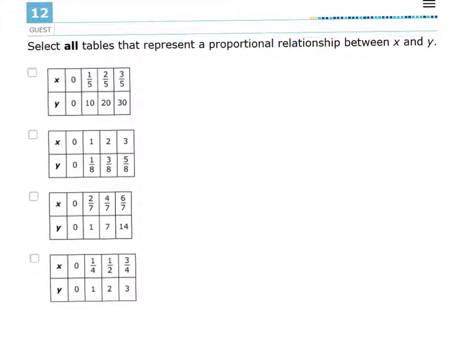For question number 12, select all tables that represent a proportional relationship between X and Y. In this case, there is going to be more than one answer. Make sure you check by using the constant of y over x, so you are using a ratio by dividing y over x.